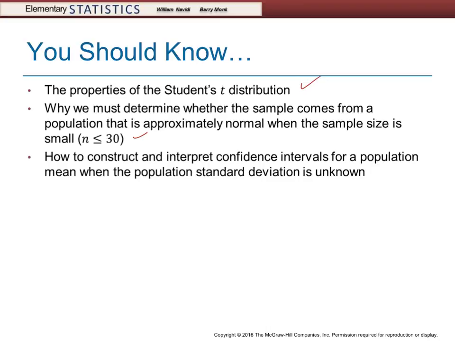And then how to construct and interpret a confidence interval for a population mean when the population standard deviation is unknown. Well, that concludes section 8-2, and our next section is going to be about estimating population proportions.